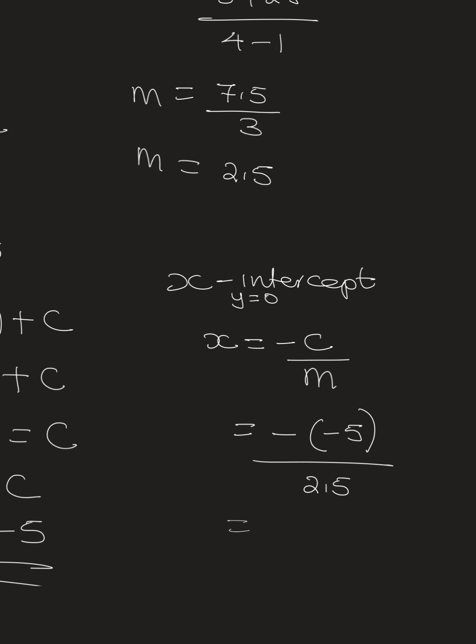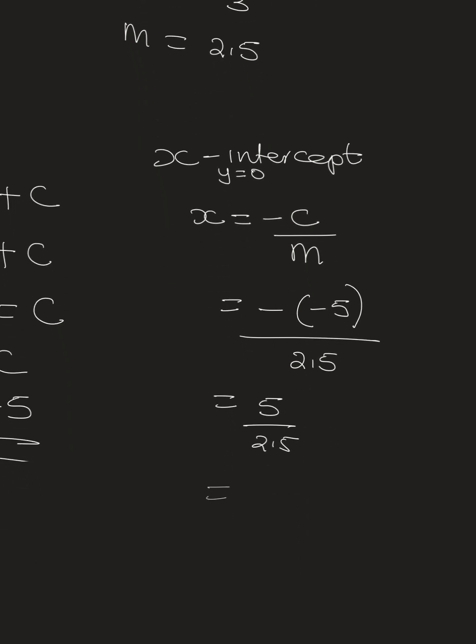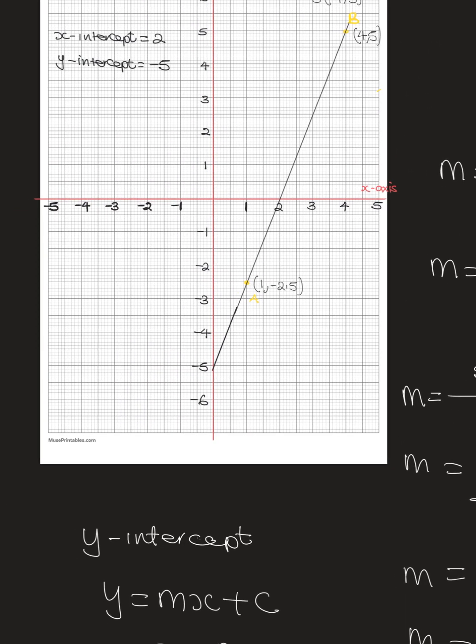So minus minus is positive, so that will be positive 5 divided by 2.5, and 5 divided by 2.5, we get 2. So that is why on the graph we are able to have 2 as the x-intercept. Okay, the y-intercept, even from our calculations, we were able to have minus 5.